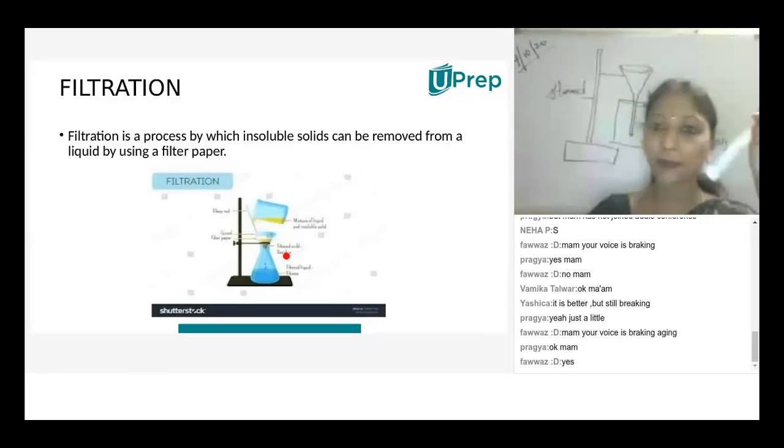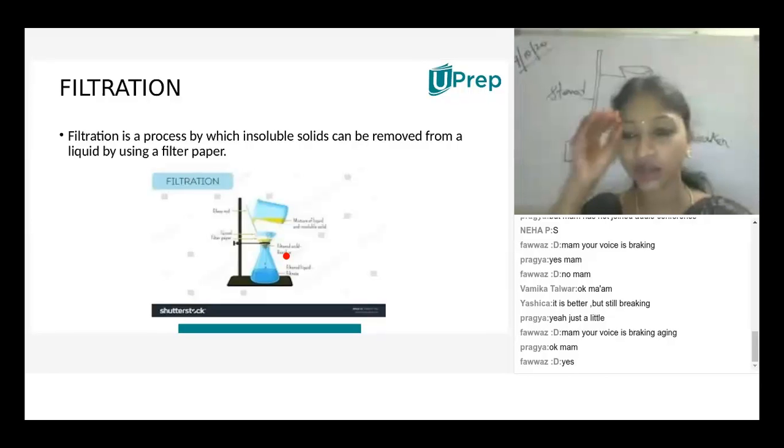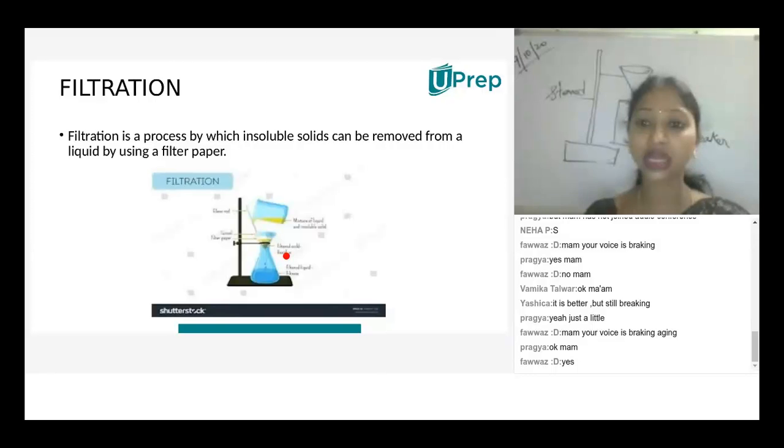So the liquid passes through the filter paper, and on the filter paper we can easily find the solid, because solid can't pass through the filter paper. This filtration technique is used to separate solids from liquid.